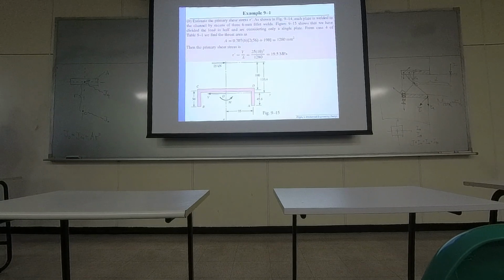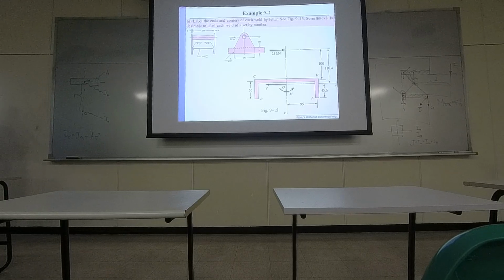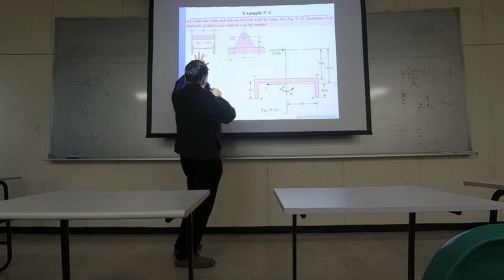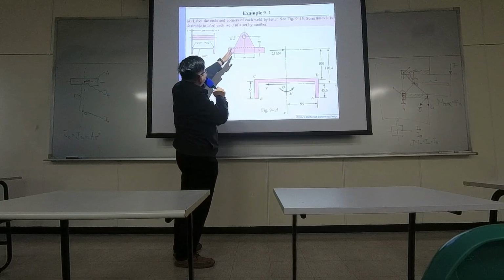So here's another quite practical example where you have some beam structures, and you are going to combine multiple mechanical components together by welding. If you say this is the front view, then this is the right view.